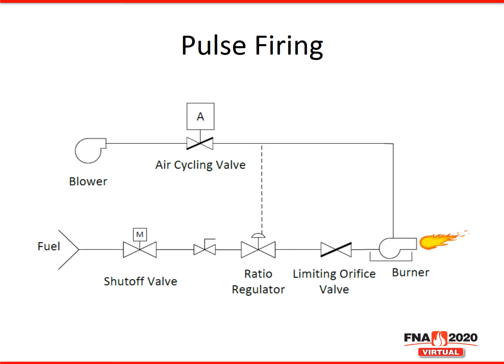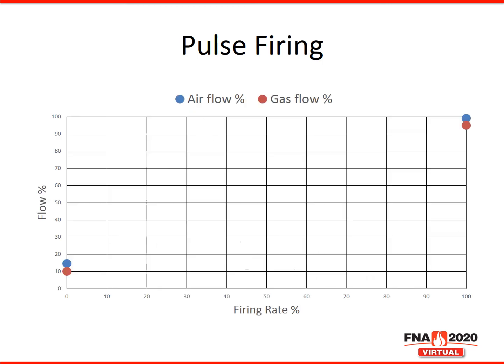I've shown here a high-low pulse firing. There is an on-off pulse firing, where instead of the burner going to low fire, the burner is turned off. Instead of a curve based off the firing rate, we have 2 points the burner cycles between on a regular cycle time.